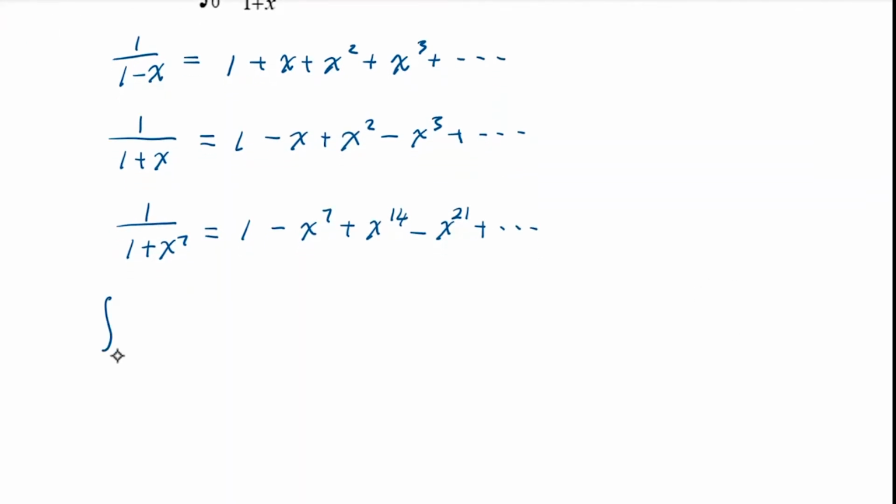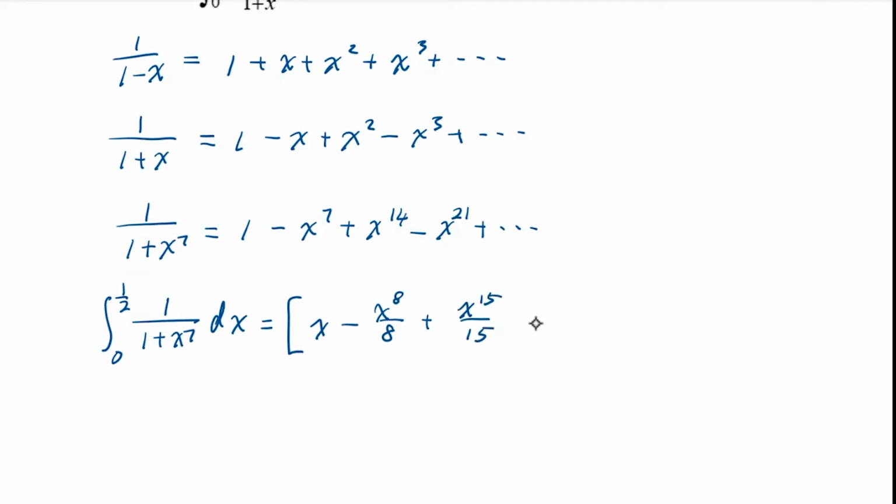So the integral from 0 to 1/2, and we don't have to put x up here, it's just an integral. We know how to integrate this. So the integral of 1 over 1 plus x to the 7th dx is equal to x minus x to the 8th over 8 plus x to the 15th over 15. Very good.